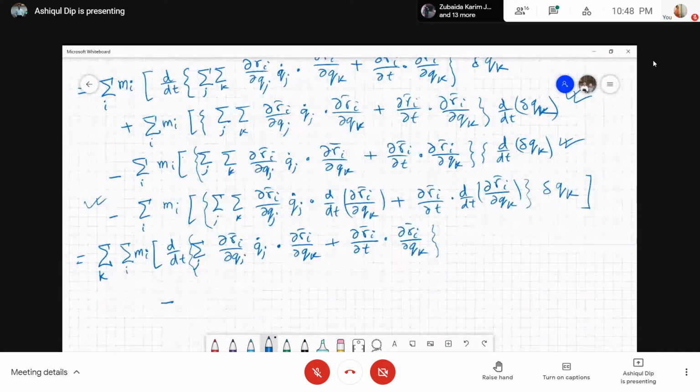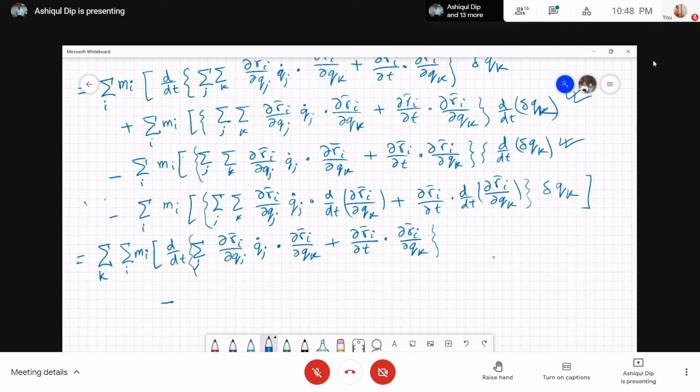So negative. So this term I'm writing. This term. This term. So sum over i, that I have taken, and then k. Then we have mi, and then we have started the square bracket.